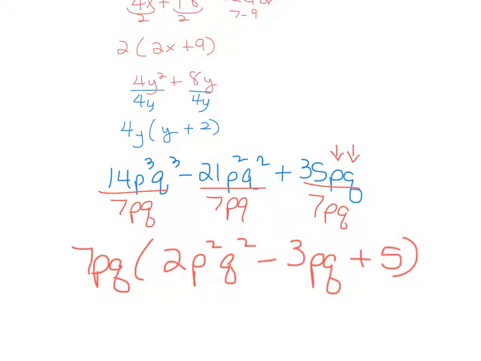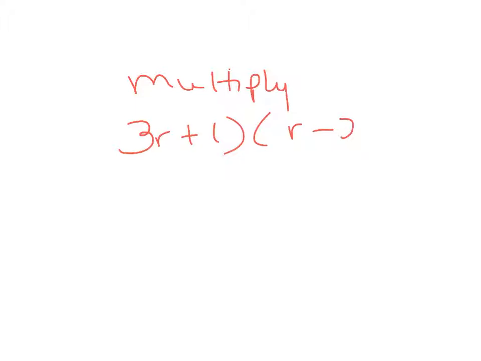Then you will get one question from 5-4 where you're just going to have to FOIL it. So for example, it's going to say multiply. If I give you 3r plus 1 times r minus 2, all you're doing is FOILing.